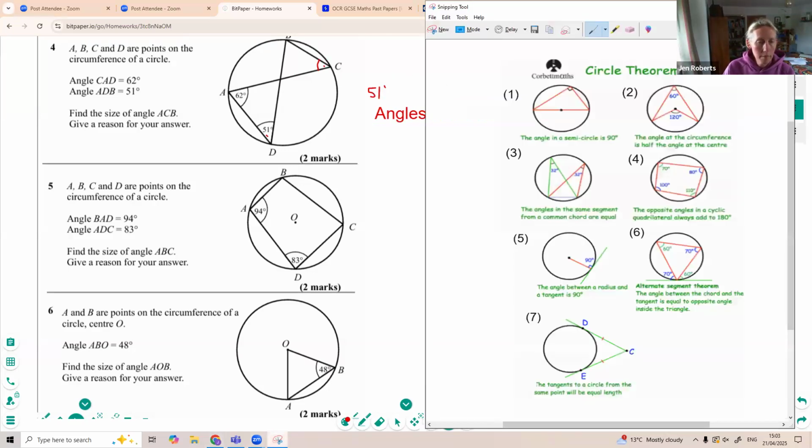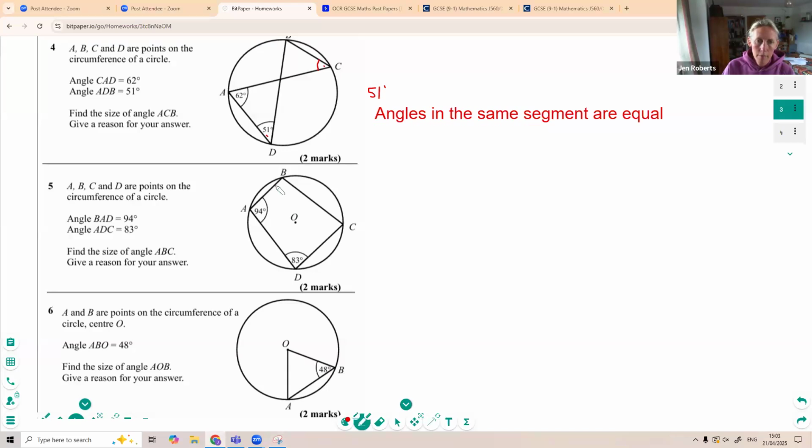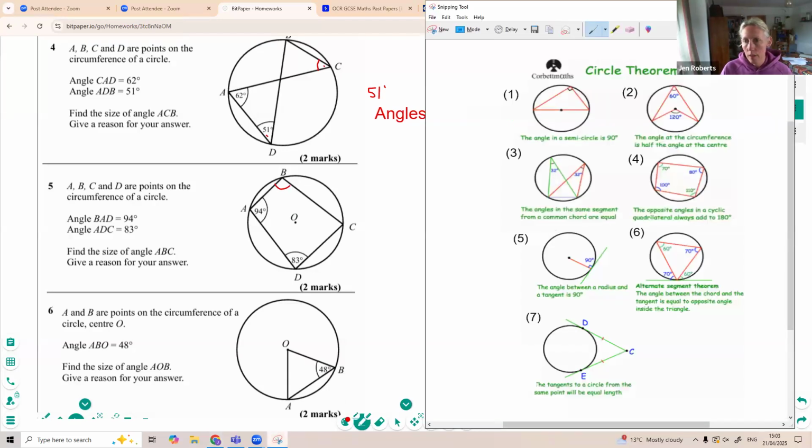Question 5 even. What is angle ABC? Here we have a quadrilateral within our circle. So we're looking at number 4, the cyclic quadrilateral. Opposite angles add to 180. So we want the angle ABC: 180, take off 83 is 97.